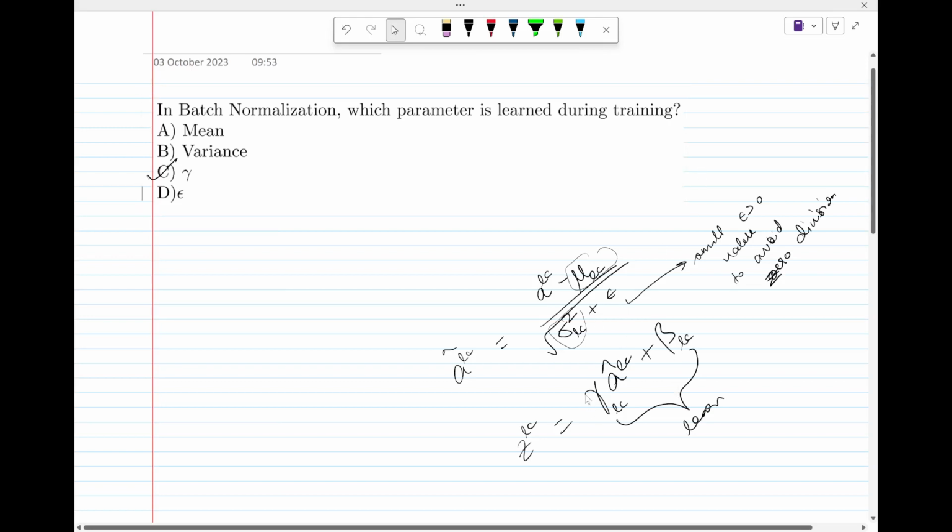The way you learn this gamma and beta determines your new mean and variance for that layer.